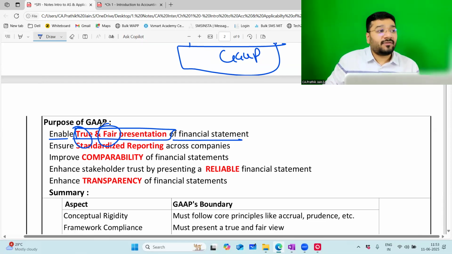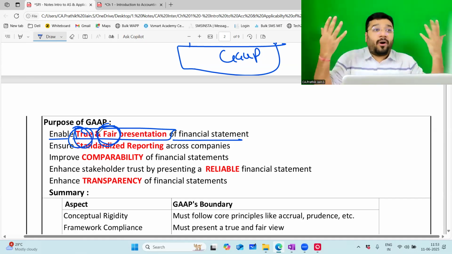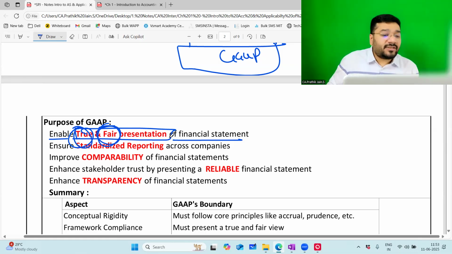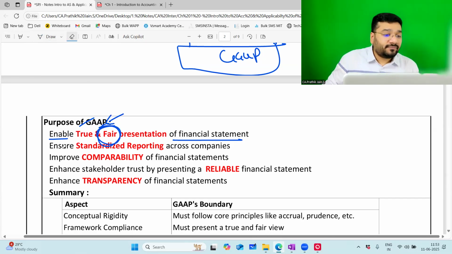Unfair or false? False. So true and fair are two different things. If I give the data which is misleading, that is false. Fair presentation, unfair means what? When I exaggerate something beyond a point, the fairness turns into unfairness. So they want the financial statement to be prepared reflecting its true and fair nature.